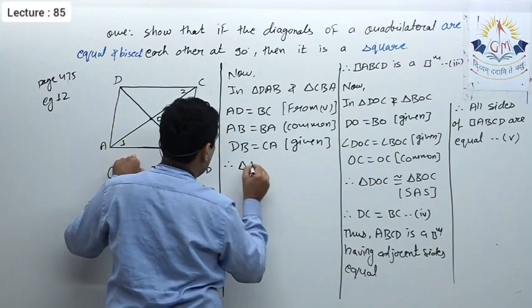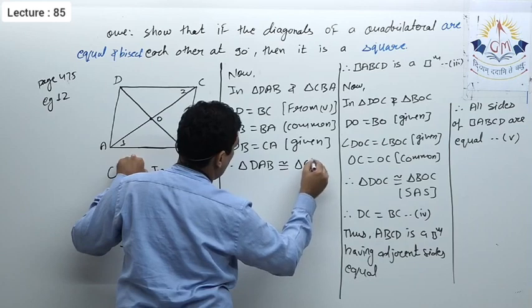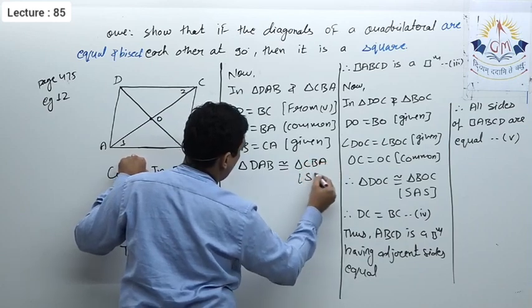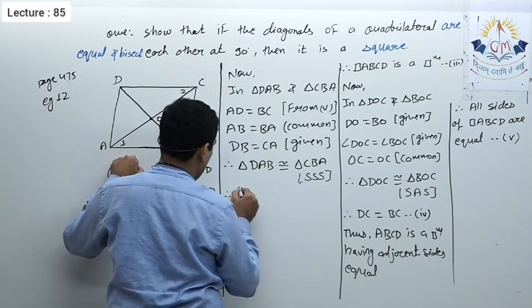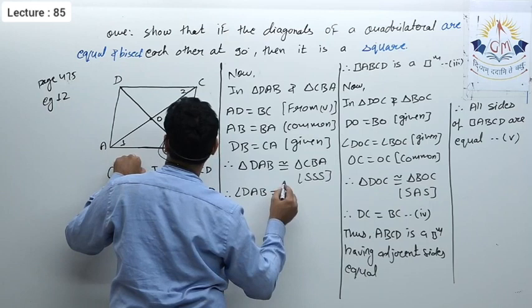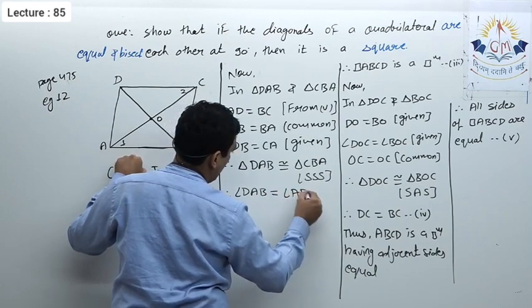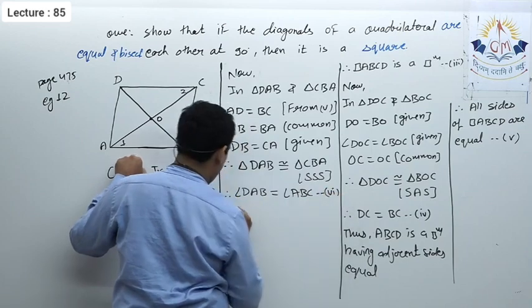Therefore triangle DAB is congruent to triangle CBA by SSS, and therefore angle DAB is equal to angle ABC. Let it be equation number 6.